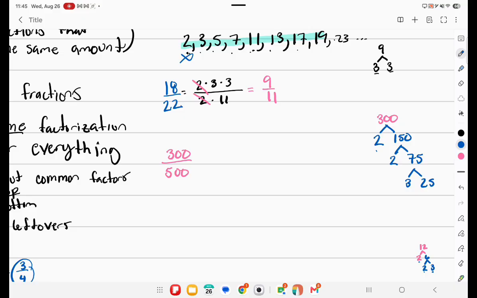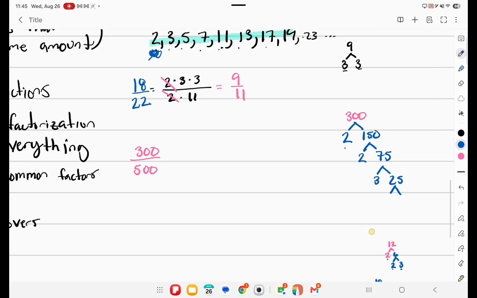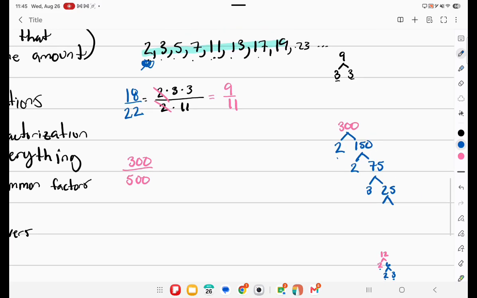All right? So every time you break a problem down, you go back to your list and start all over again. 25 divided by 2 is a decimal. That won't work. 25 divided by 3 is a decimal. That won't work. But what will work, Tim? 5. When you say 25 divided by 5, you get 5.